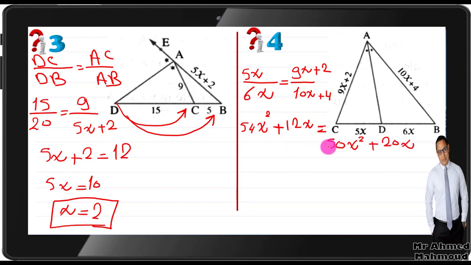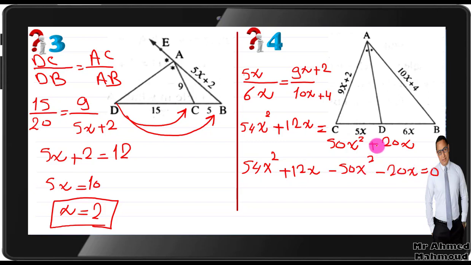Collect x squared and x, so it will be 54x squared plus 12x minus 50x squared minus 20x equals 0.